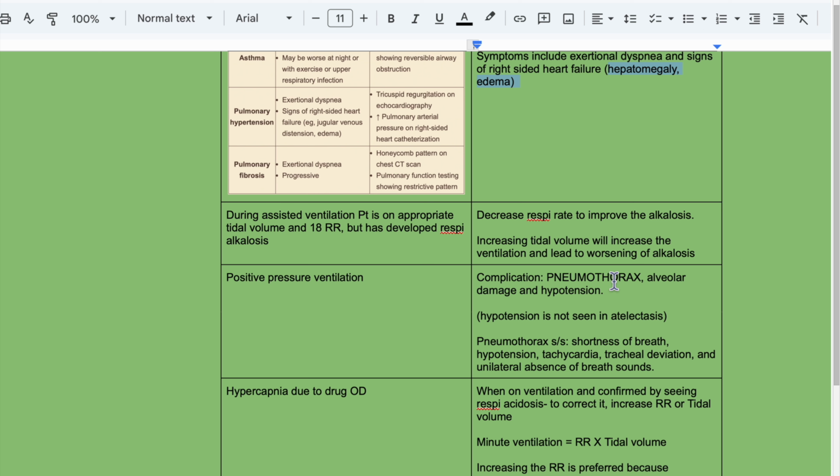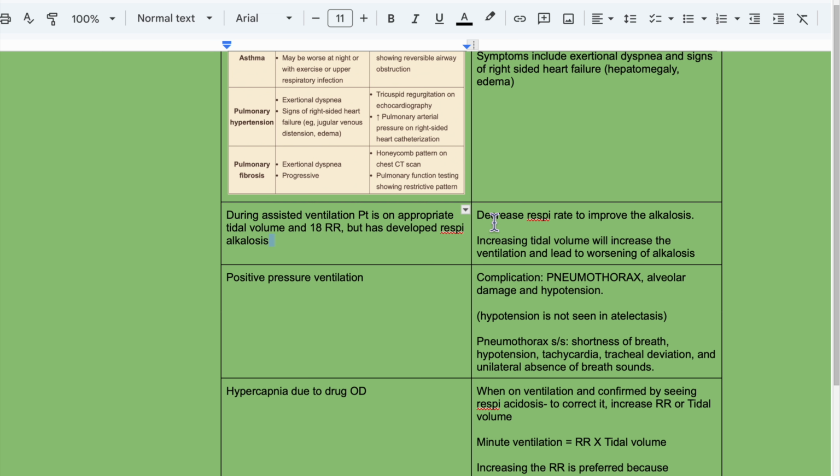So decrease respiratory rate to improve. Oh, okay. During assisted ventilation, patient is on appropriate tidal volume and 18 respiratory rate, but has developed respiratory alkalosis, so that is decrease in PaCO2 or hypocapnia, right?